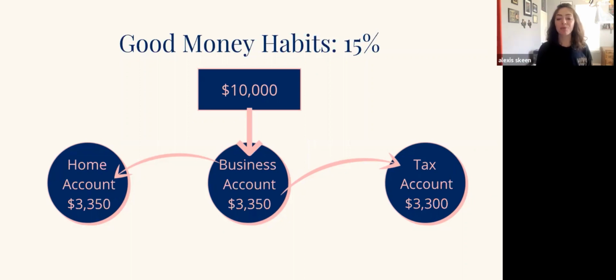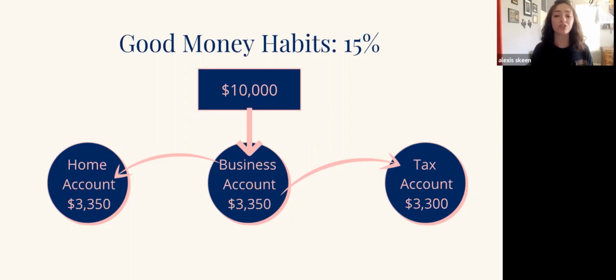So with this example, with our $10,000 check, we're putting $3,300 into our tax account. We're keeping $3,300 in our business account, and we're paying ourselves $3,300 for our home account from this one transaction.